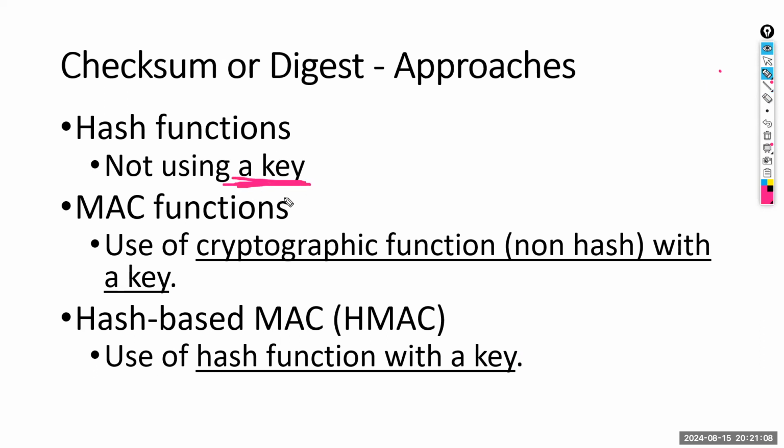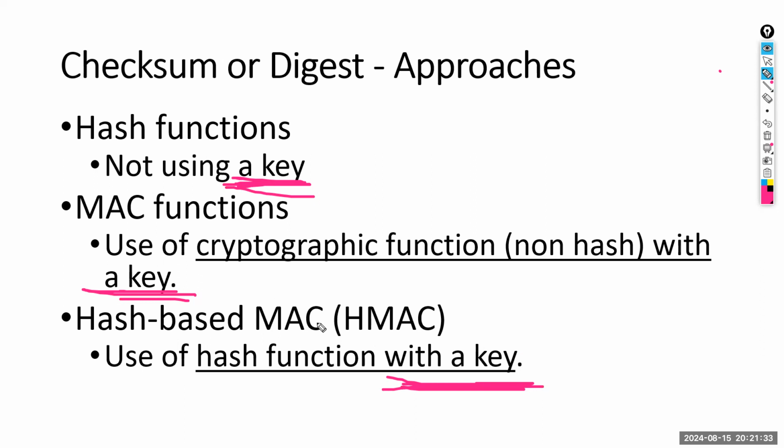Key means another input, additional input. But if it is a MAC or HMAC, we use a key. So that will make it a little bit stronger. So hash, we don't use a key. MAC and HMAC, we use a key.